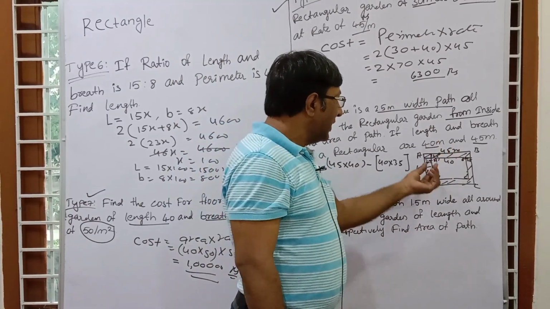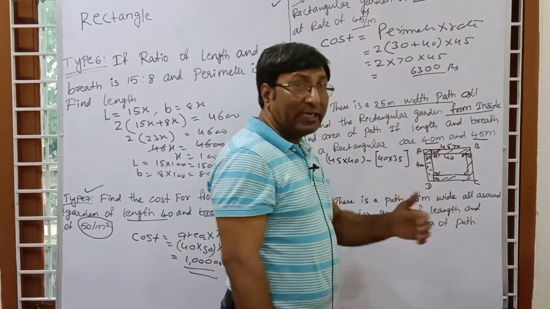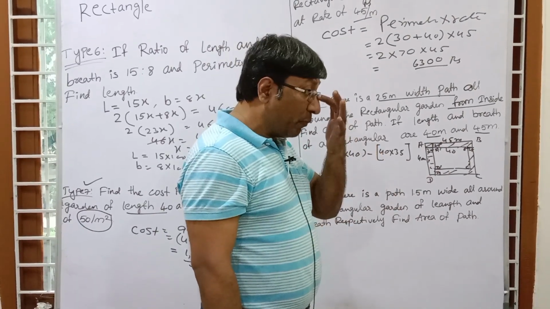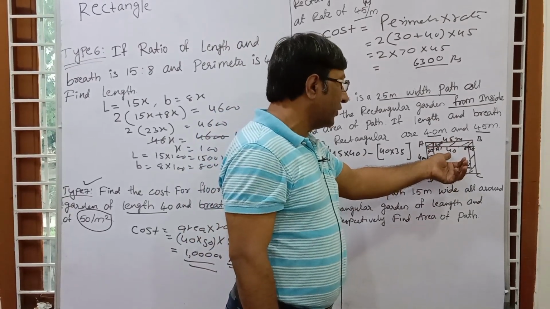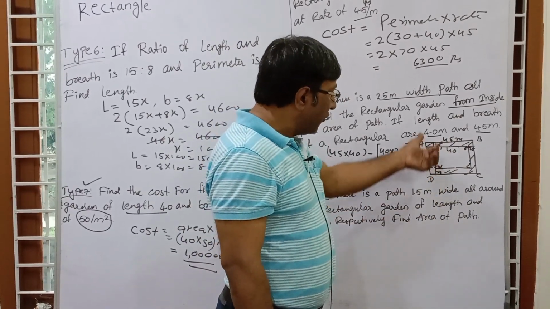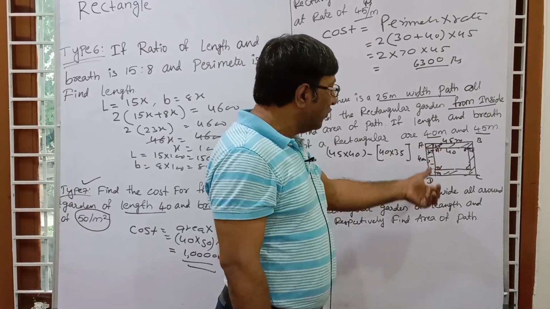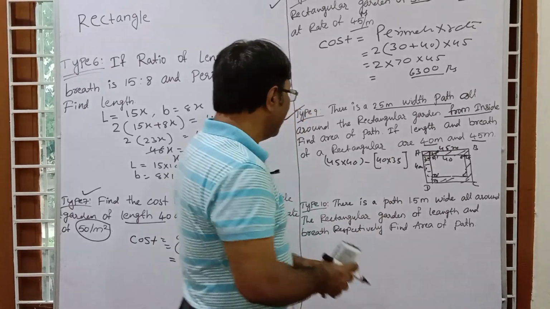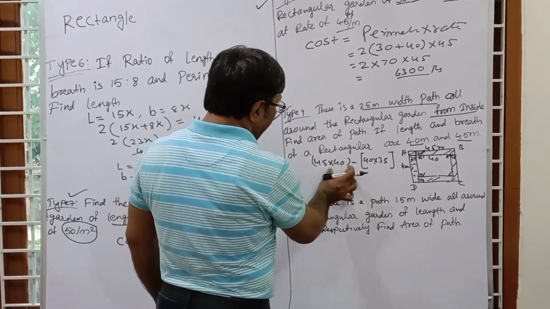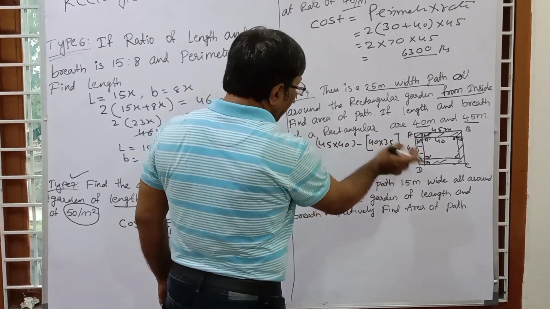Total 45, 2.5 width, so twice of 2.5 is 5. So 45 minus 5 is 40. In the same way, breadth is 40 minus 2 into the path, 2.5, so 40 minus 5 is 35. So our answer is 45 into 40 minus 40 into 35.